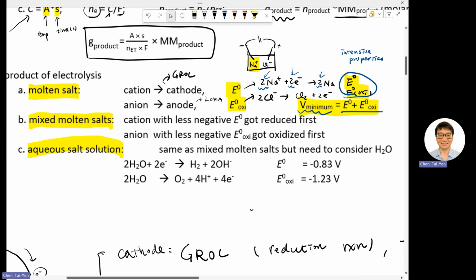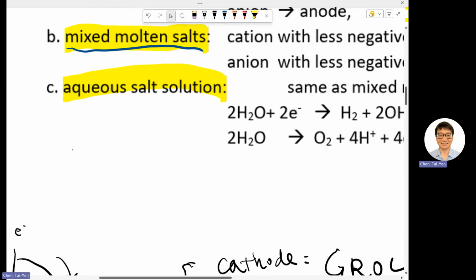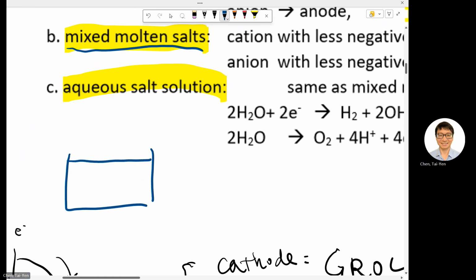Second is the mixed molten salt. What it means is that inside your containers, let's say you have Na+, Ca2+, Al3+, and so on, with multiple different ionic species.